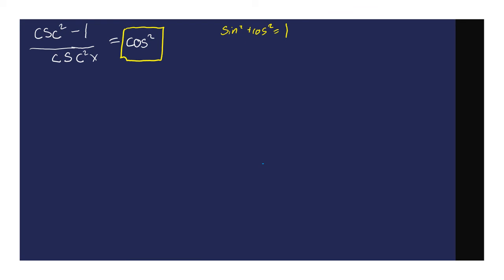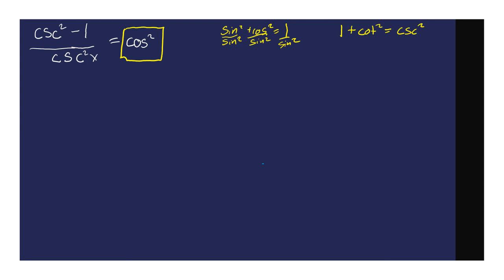Let's divide each term by sine squared. So we're left with 1 plus cotangent squared equals cosecant squared. And this helps me out.